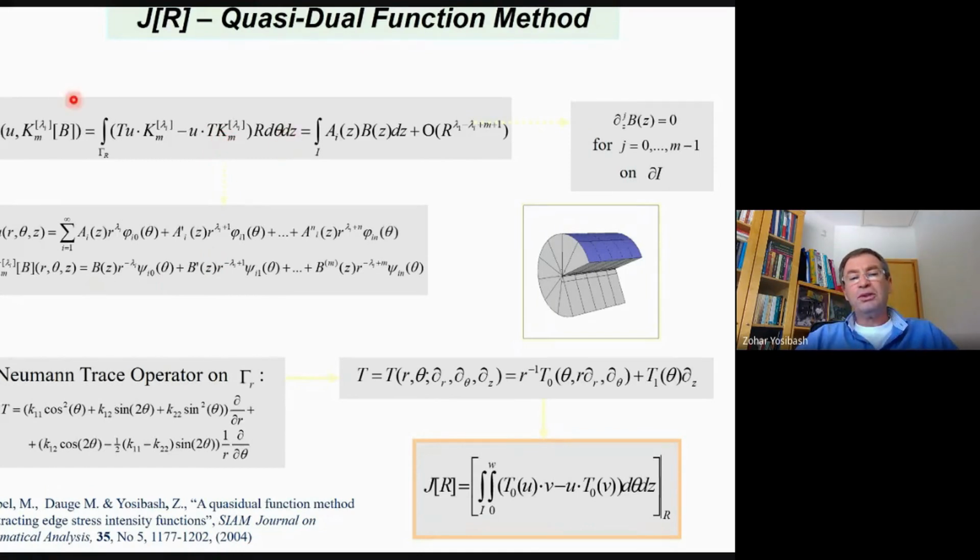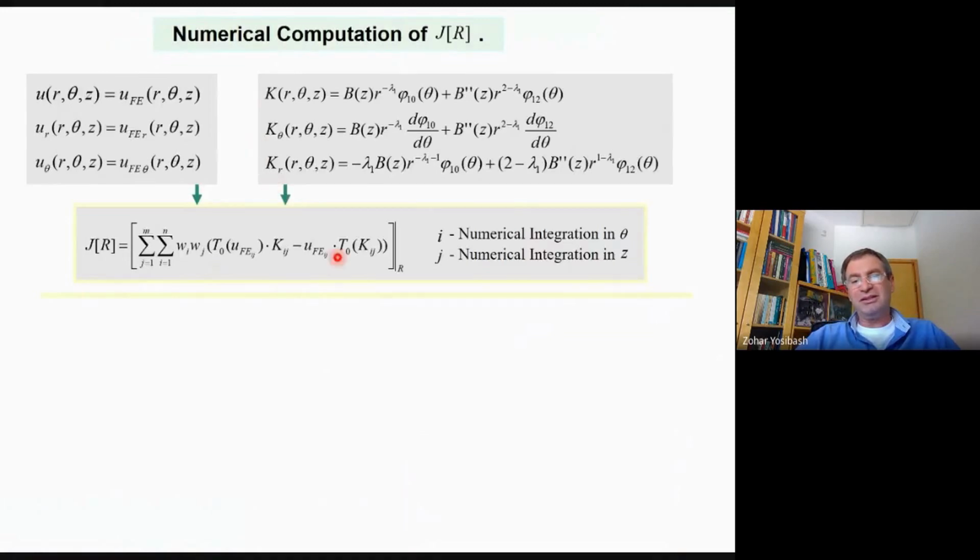And I have to compute that from a finite element solution. So the method is, we use Gauss integration, and we compute from the finite element analysis. We take the finite element analysis along a cylindrical surface. We take the traction of it. We take the finite element solution itself. And we have this dual solution here. And we can compute this integral.